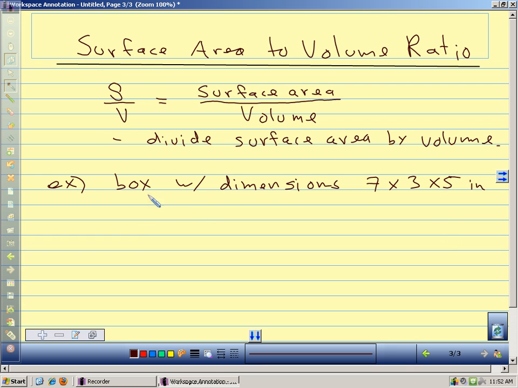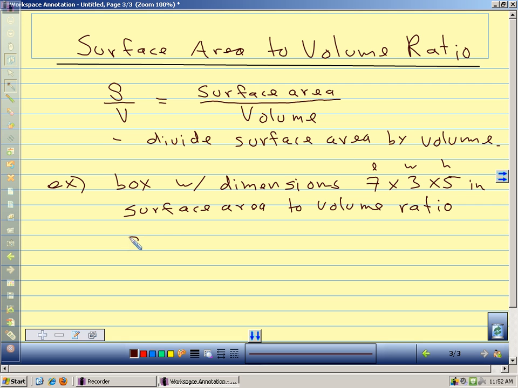And we want the surface area to volume ratio. So we need to calculate the surface area and the volume. I'm just going to call this L, W, and H. Again, it doesn't matter what order you put these in.